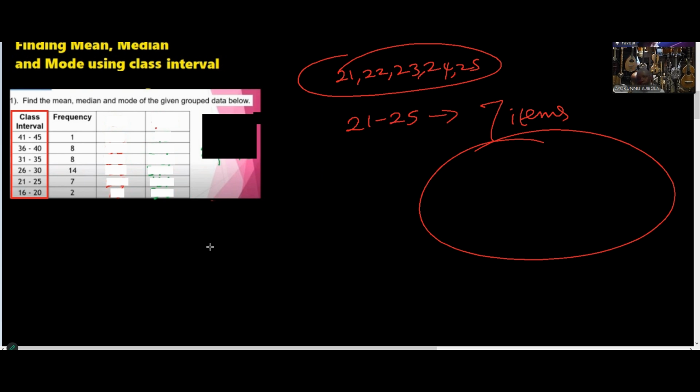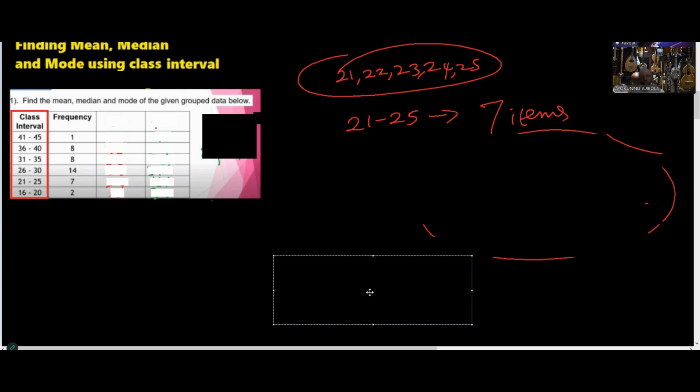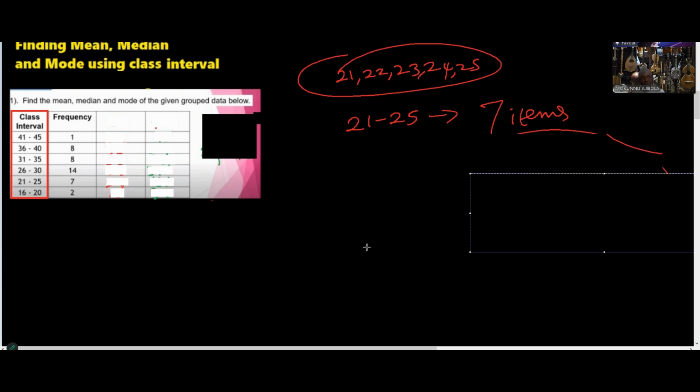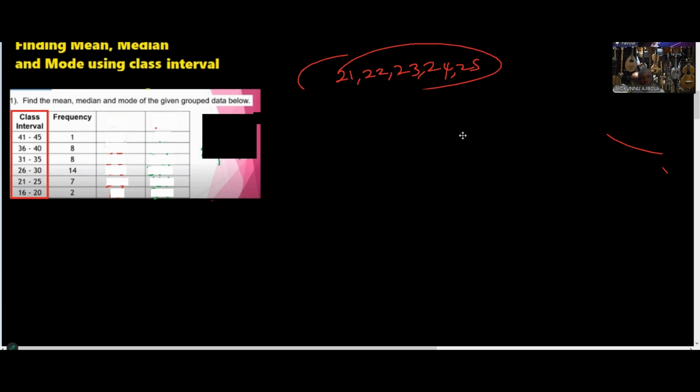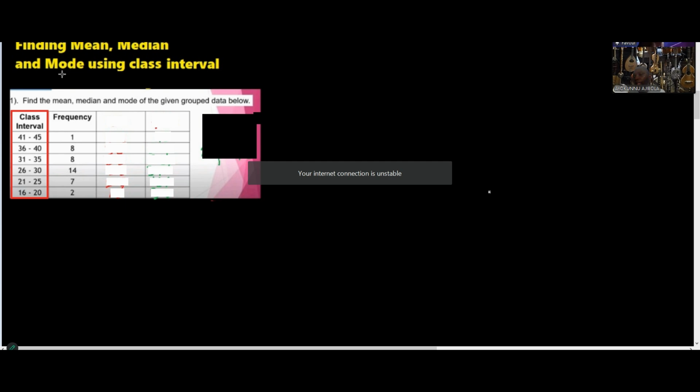Okay, good. I'm trying to explain the concept of class interval so that when you see large numbers given, you can form a class interval or use any class interval given to you. Like this question, we were not even given the numbers themselves, but we're given the class range or the class interval.